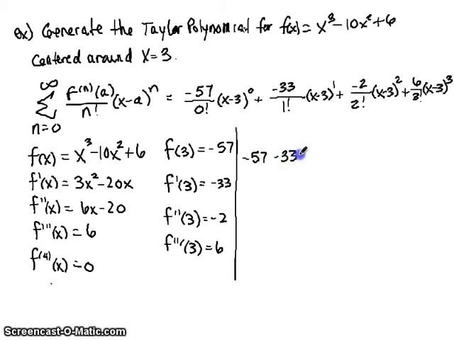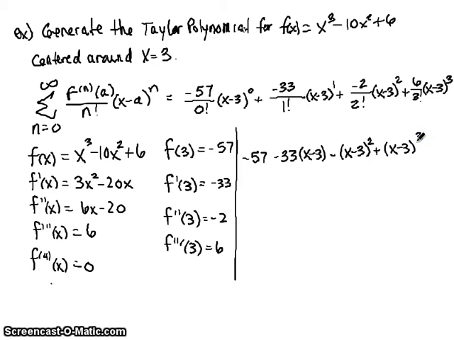So we have minus 33 times x minus 3. 2 factorial is 2 times 1, which is 2. Negative 2 divided by 2 is a negative 1 times x minus 3 squared. 3 factorial is 3 times 2 times 1, which is 6. 6 over 6 is 1, so we say plus x minus 3 to the third.